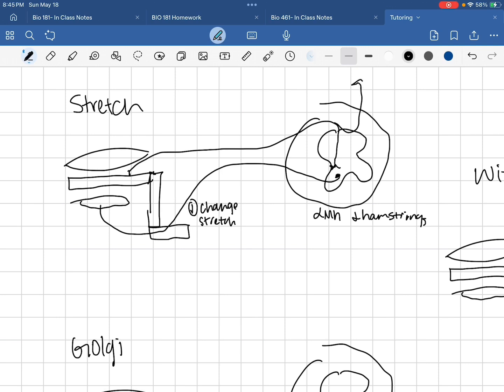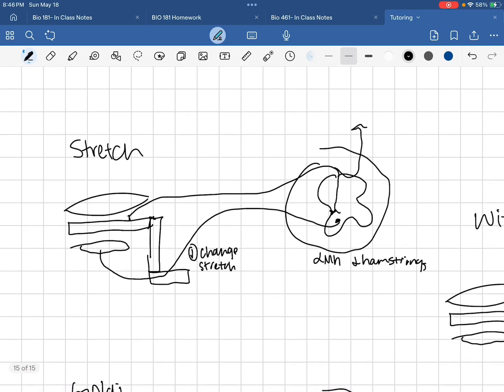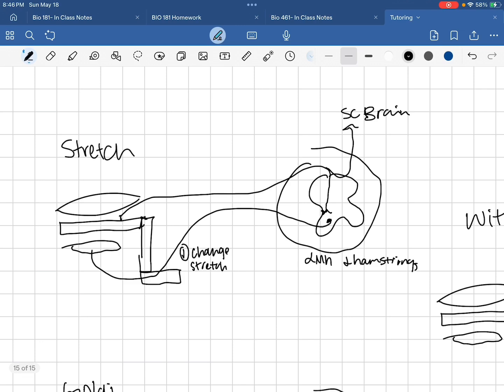This goes to the spinal cord, or the brain, the control center, and then the sensory neurons are going to synapse with the alpha motor neurons and the interneurons.